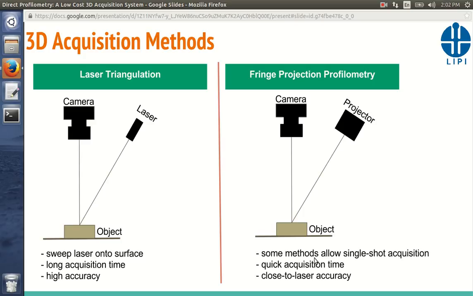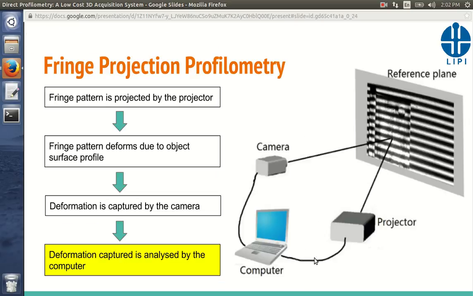Okay, so these are the details of fringe projection profilometry. We have a camera, projector, computer, and then this is the object, and we have a reference plane.